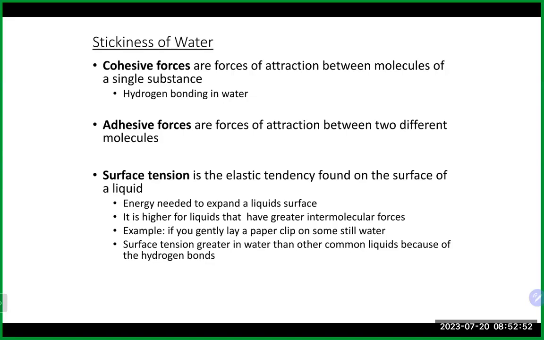Surface tension is greater in water than in other common liquids because of that hydrogen bonding. That's because there's a really strong attraction between water molecules to the side of each other and down, so it makes that surface tension really strong. It is also why some bugs can walk across water, because of the surface tension that is there.